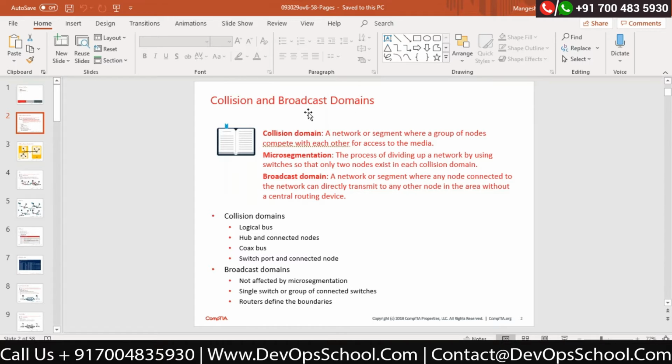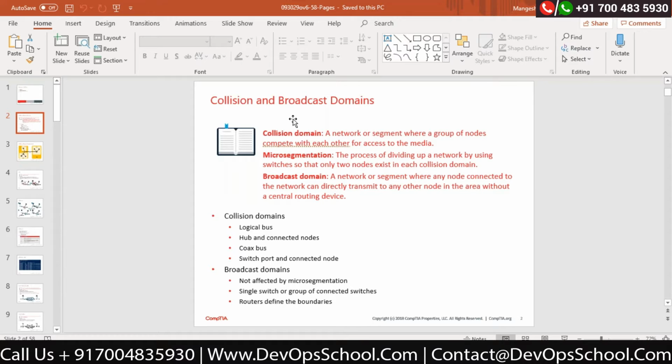Now this collision domain would be considered a small network or a segment or group of machines together accessing over the media. Now this is the definition. Collision domain, you can simply say your local area connection, because this is a small network.